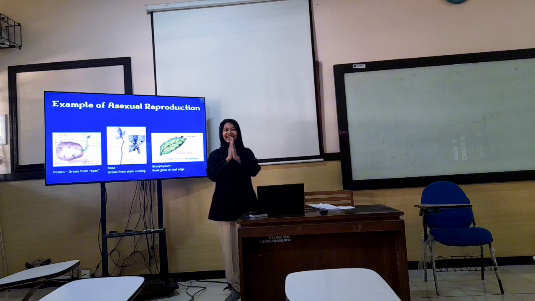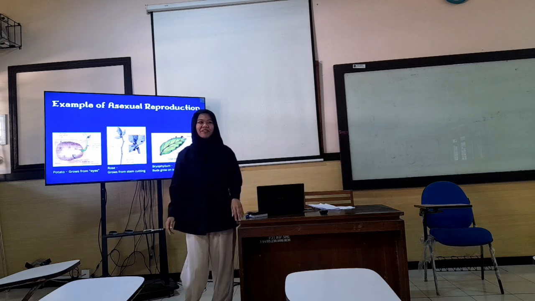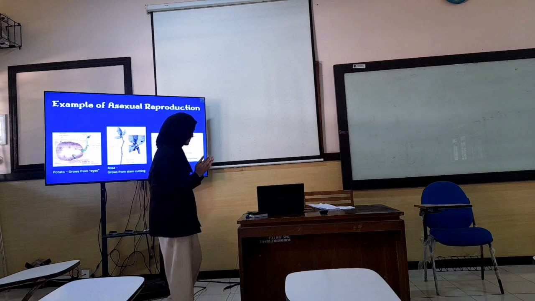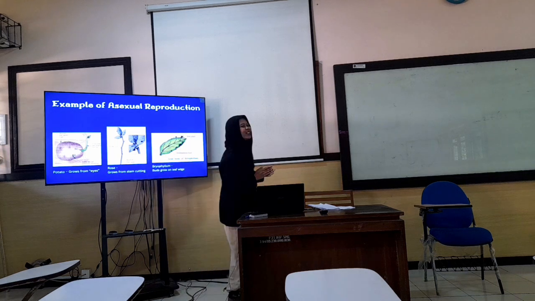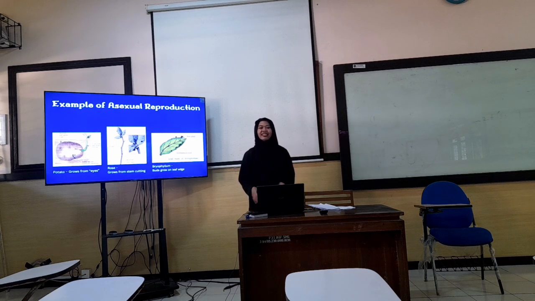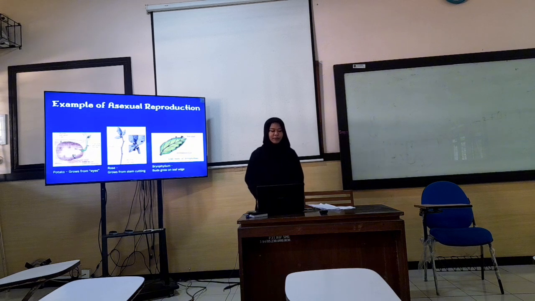Wait. Are you ready? Yes, Miss. Student B. Okay, Magdalena. What is the answer? Okay, that's right. That's great. You get 2 points for group 2. Yay. Okay, now the second question. How do plants reproduce asexually?